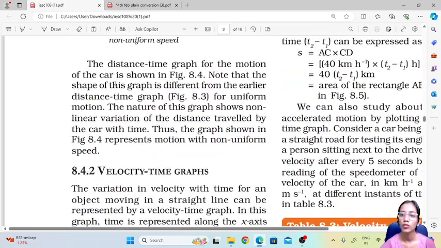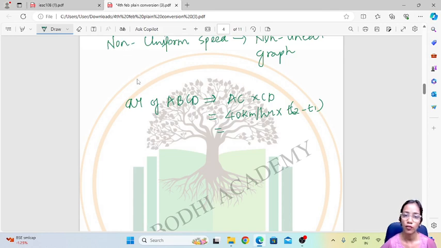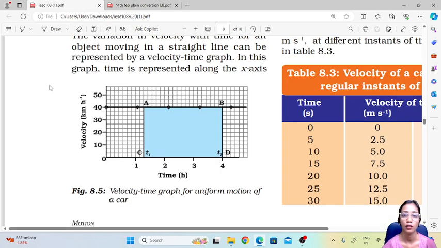So this will give us the area of the triangle, that is 40 into T2 minus T1 kilometer per hour. This will give us the acceleration, the final value of the acceleration using this velocity time graph.